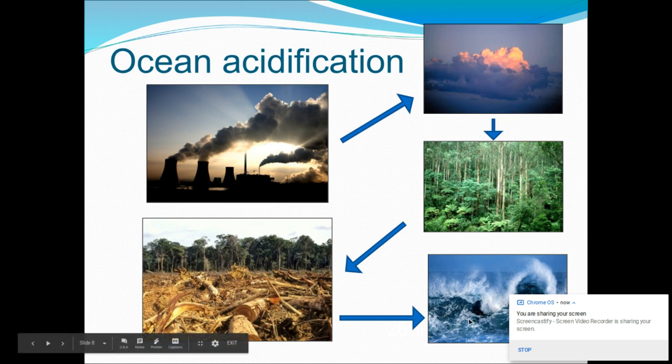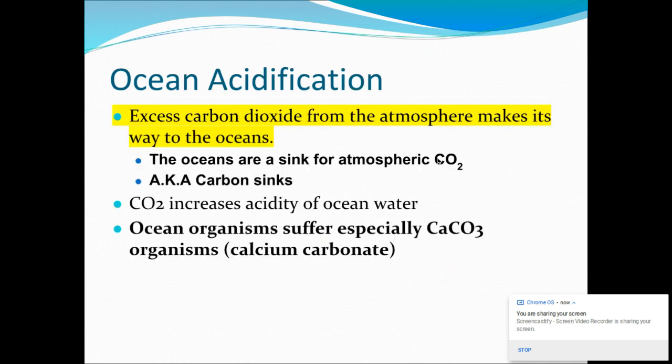The ocean. All right, the bad thing about carbon dioxide going into the ocean is that it makes carbonic acid. So carbon dioxide increases the acidity of the ocean water, which means that if there's more carbonic acid, then the ocean water is more acidic.